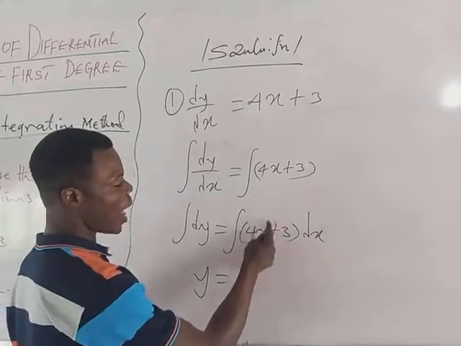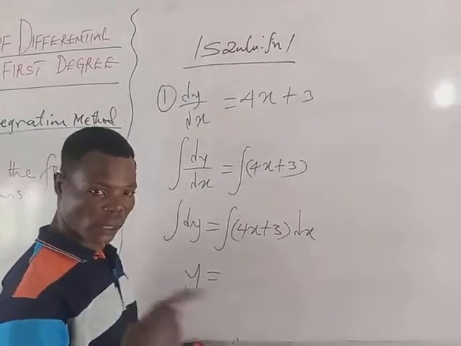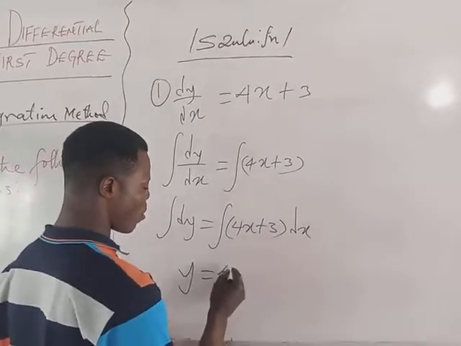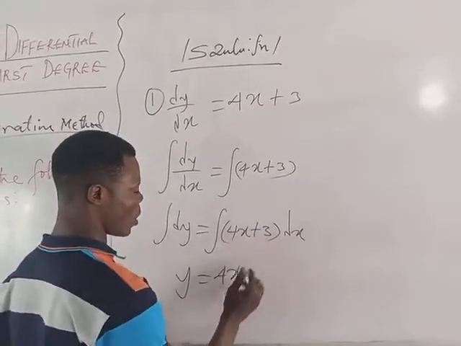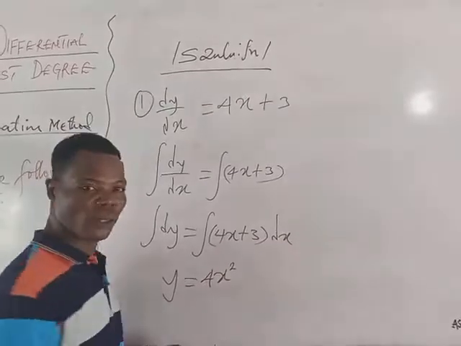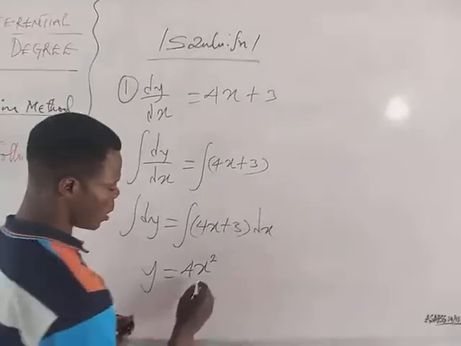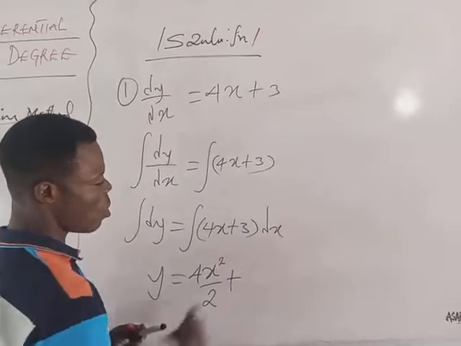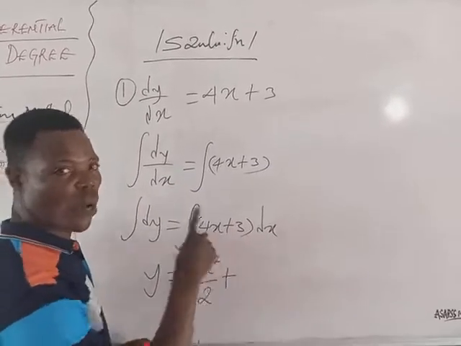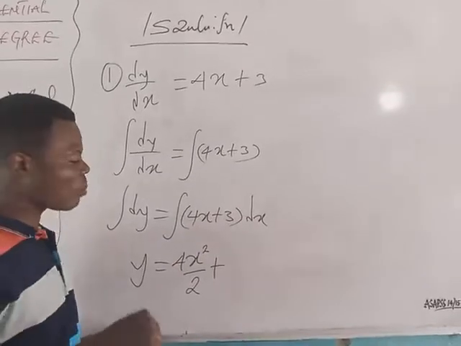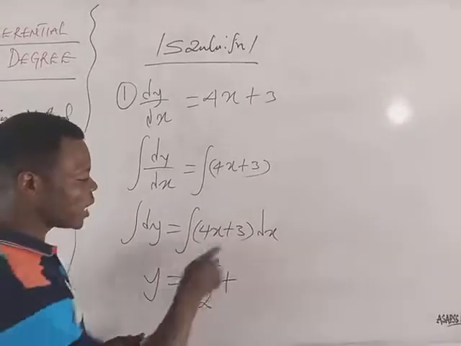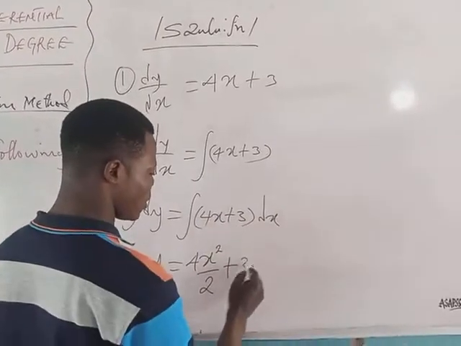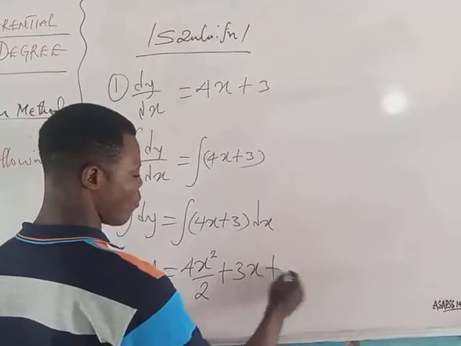Don't forget, we are adding 1 to the power when you are integrating. When you add 1 to this, you are going to have 4x to the power 1 plus 1, that's 2. You are also dividing by that power, so this will also be over 2. Plus, this is a constant term. When you integrate any constant term, the function of the independent variable must be repeated: 3x, and you have plus c.